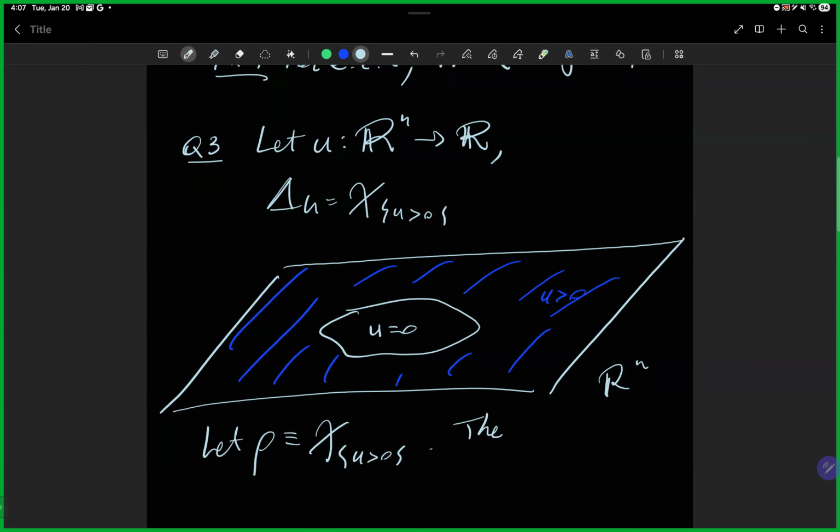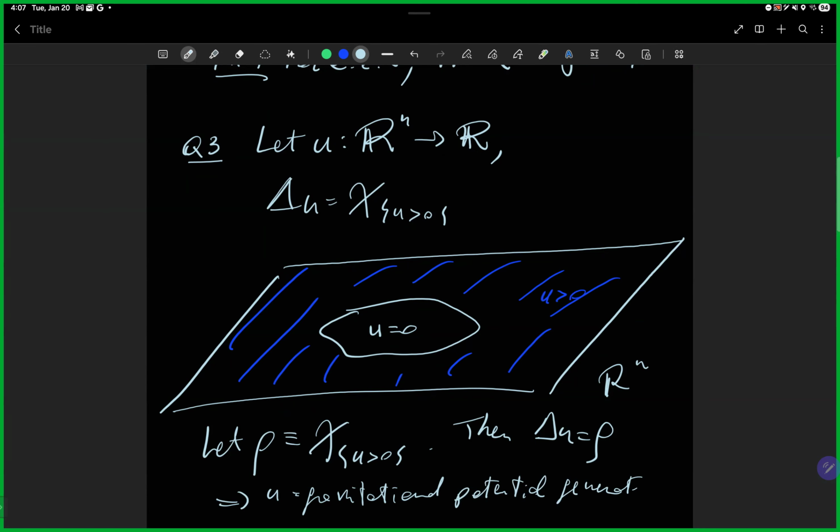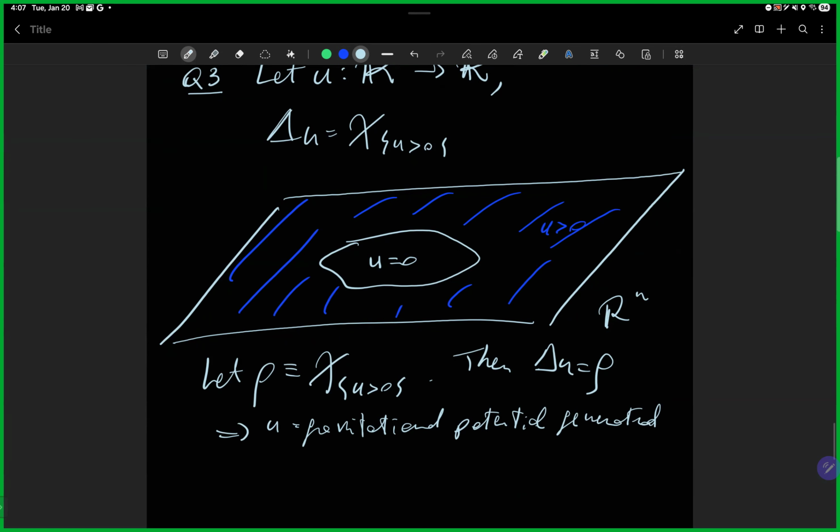Then we know that the Laplacian of u is rho, which means that u is the gravitational potential generated by rho. I mean, I'm just using Poisson's law, right?